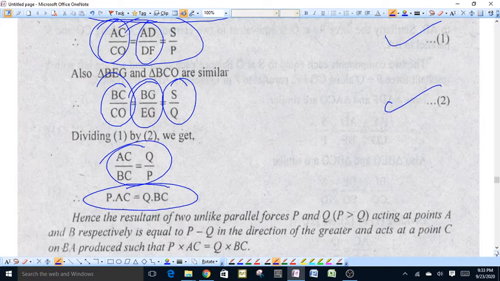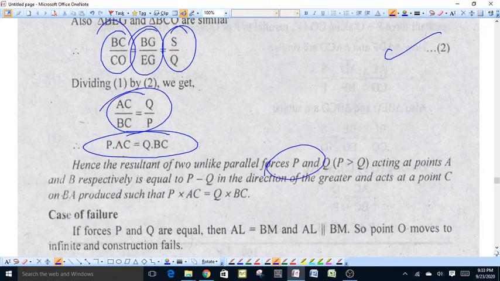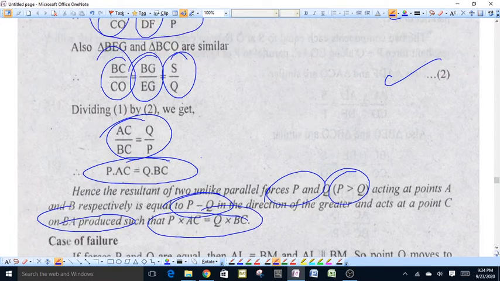This is the same result as we obtained in the previous case when we had two like parallel forces acting on the rigid body. Hence, the resultant of two unlike parallel forces P and Q, where the magnitude of P is greater than Q, acting at points A and B respectively on the rigid body, will be equal to P minus Q in the direction of the greater force, and acts at a point C on the line joining A and B, or BA produced, such that P into AC is equal to Q into BC.